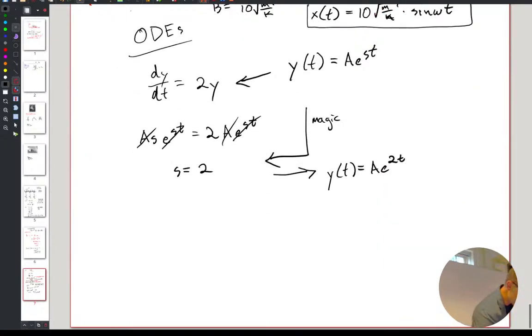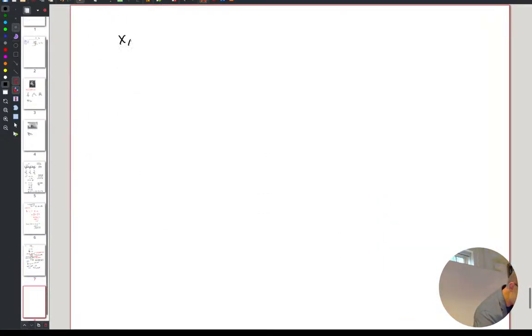Let's collect everything we have here so far. XA is negative, or wait, 10t minus mu g t squared over 2.